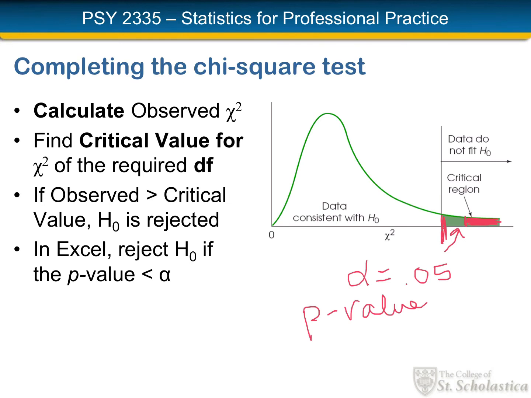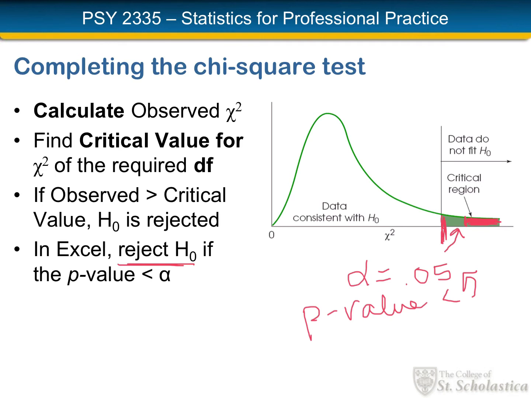If the chi-square that's observed is bigger than the critical value, the area that I've colored in red, beyond my actual observed chi-square, is going to be a smaller area than my alpha, because the alpha area was bigger, the green one. So if my p-value is less than 0.05, I also reject the null hypothesis.